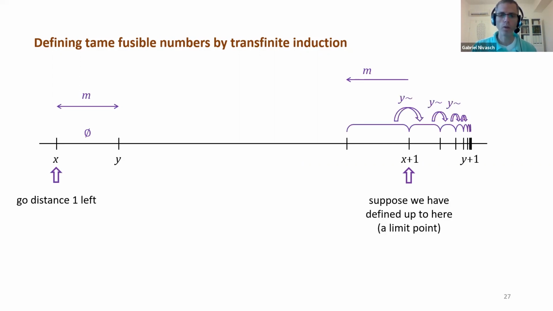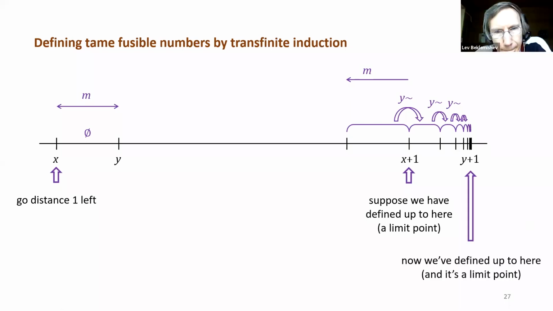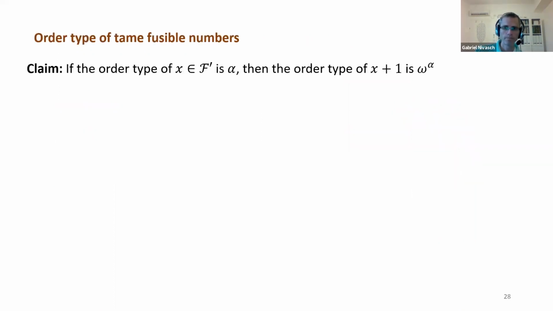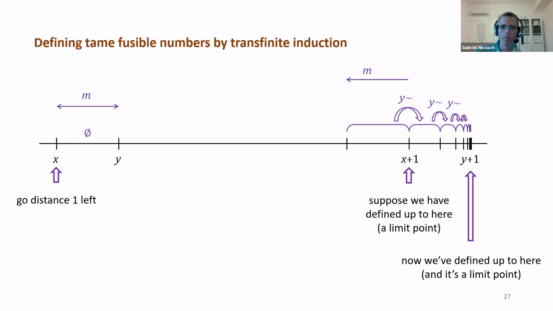And you apply y on this interval infinitely many times, again and again and again. And you define the tame fusible numbers up to y plus 1. And so now, y plus 1 is again a limit point. So you have to do this infinitely many times by ordinal induction. And so these are the tame fusible numbers.